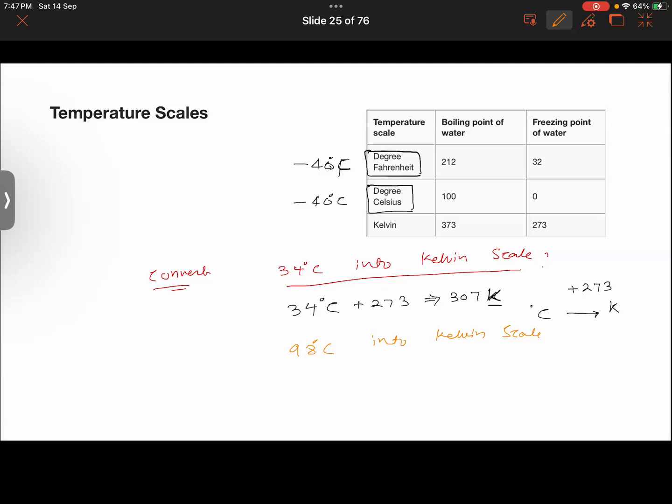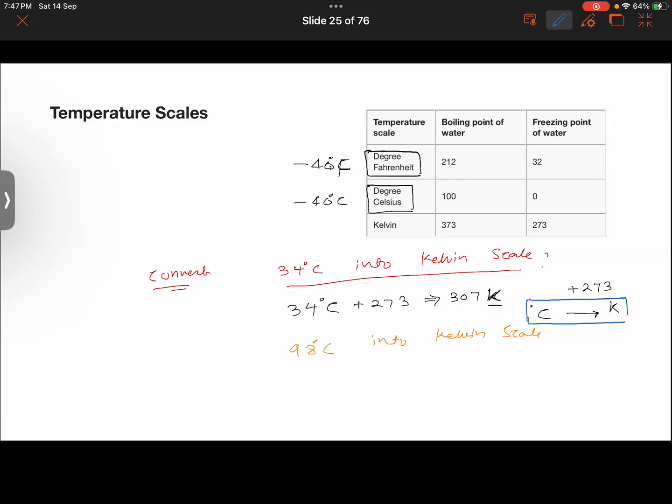Good. So make sure to memorize this. Whenever you have to convert from Celsius to Kelvin, you have to add 273. But when we do the opposite, then we have to subtract 273. Getting it, guys? Okay.